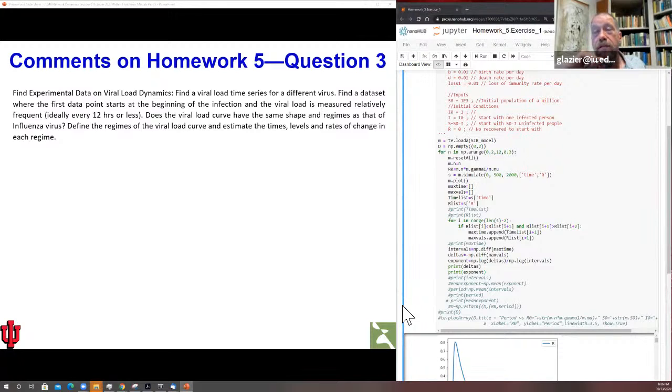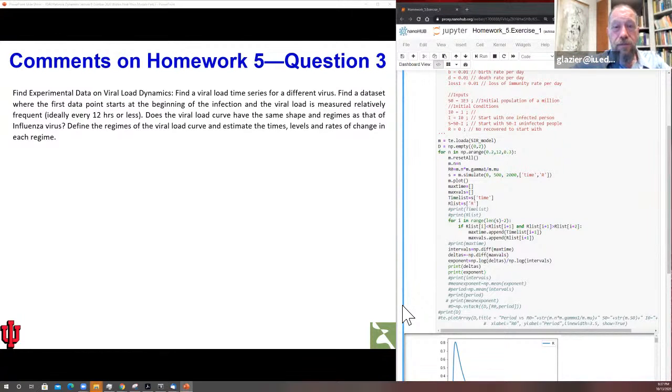And people found some other viruses that had very different ones. Some people did SARS-CoV-2. SARS-CoV-2 is essentially a monophasic response. The problem is, at least in humans, that there's almost no data on what happens early in the infection because the viral load is near its peak by the time people are diagnosed, unless you're very lucky.